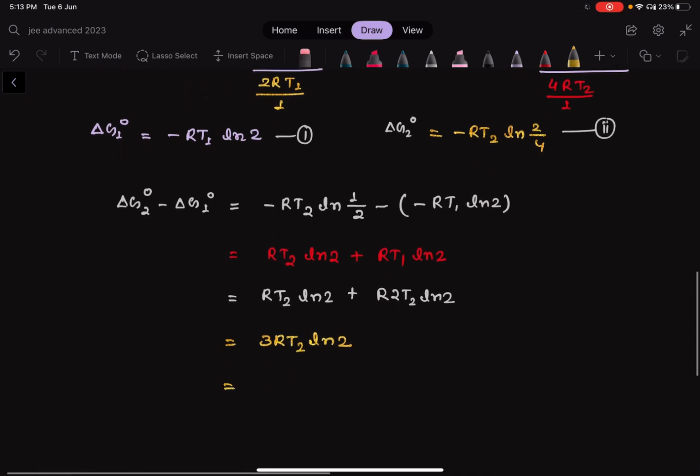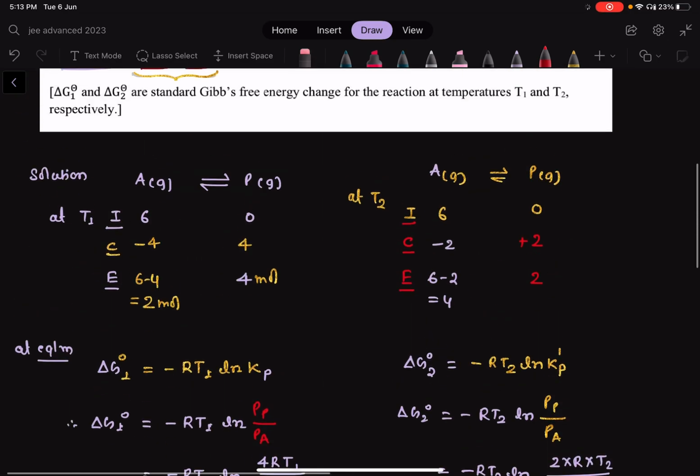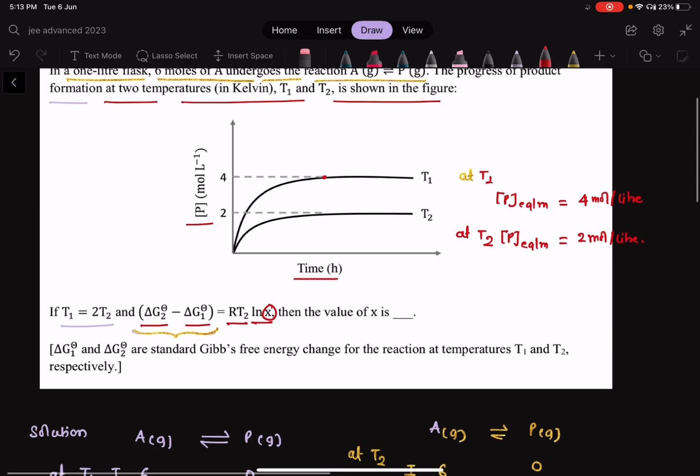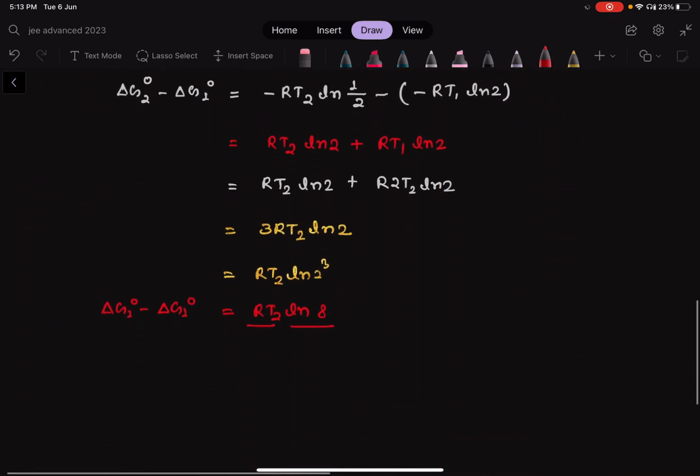From there we can get RT2 ln 2 to the power 3, and that will be RT2 ln 8. So delta G2 naught minus delta G1 naught is equal to RT2 ln 8, and the same form is given in the question, RT2 ln x. So this x value will be equal to 8 here.